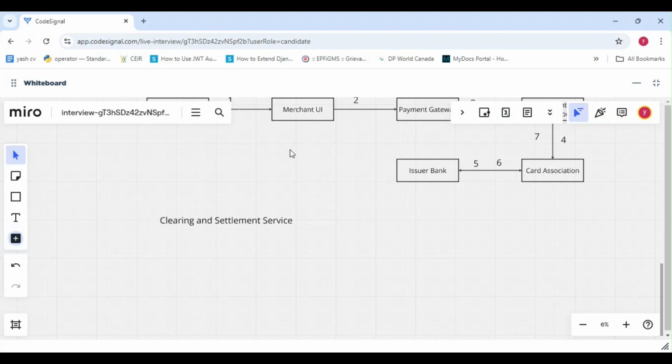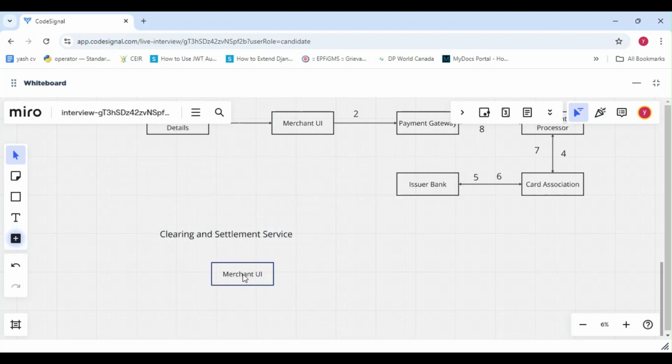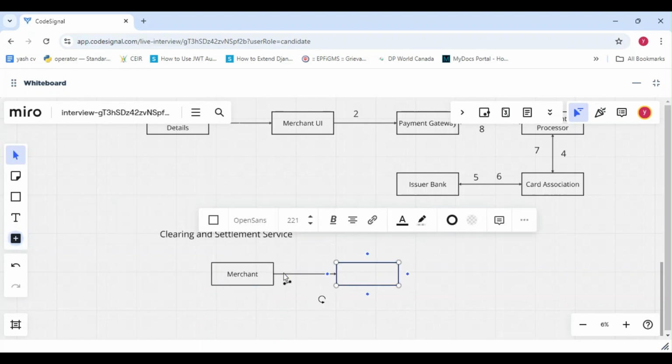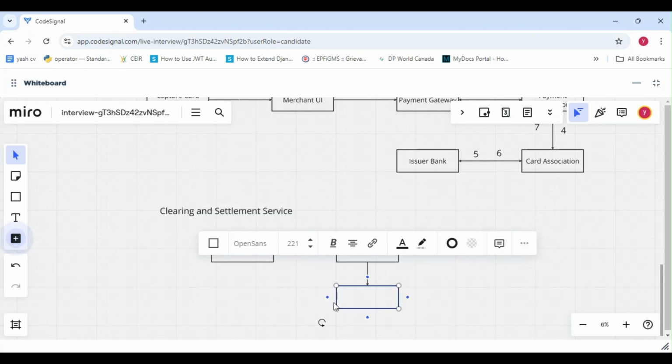So let's talk about it here. Let me copy this merchant. This is the merchant account. The merchant account will ask the acquirer bank to receive the money into the merchant account. The acquirer bank will ask the card networks.